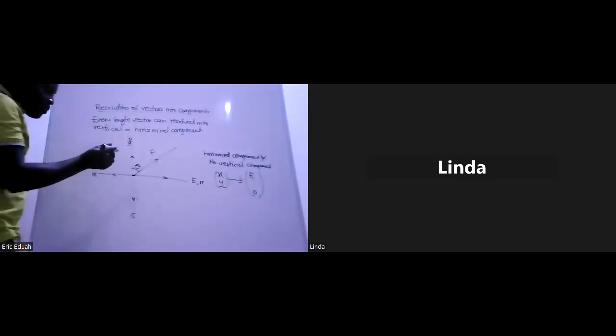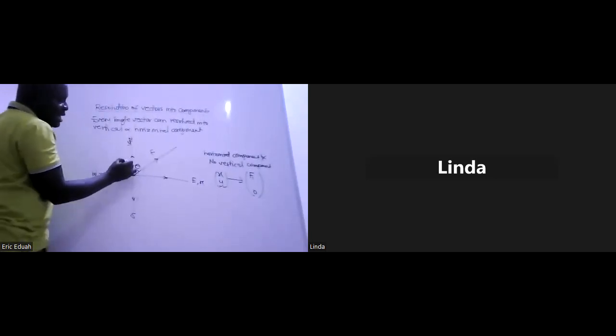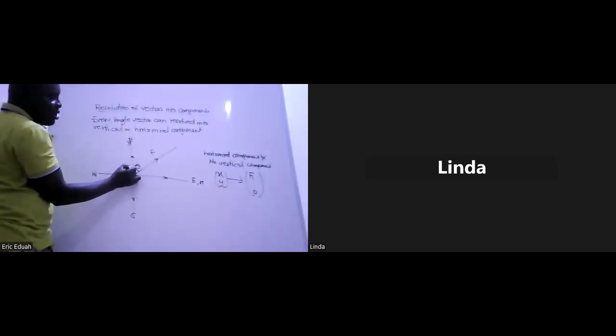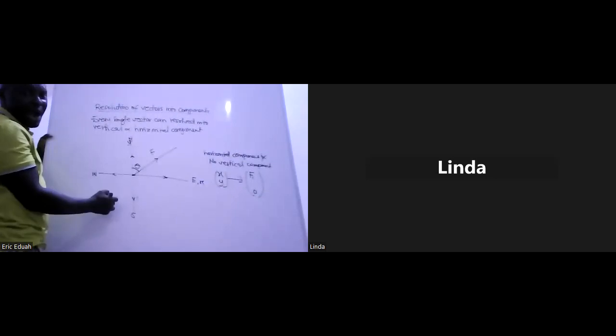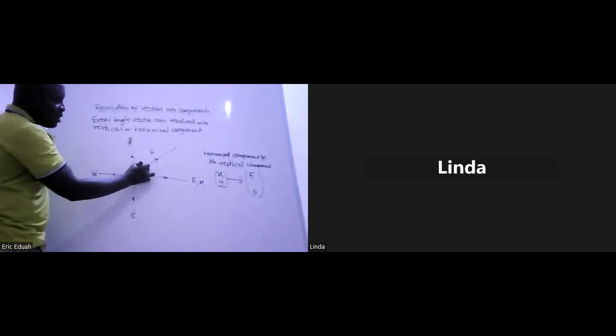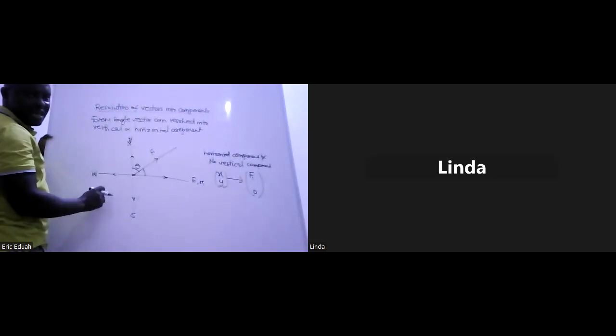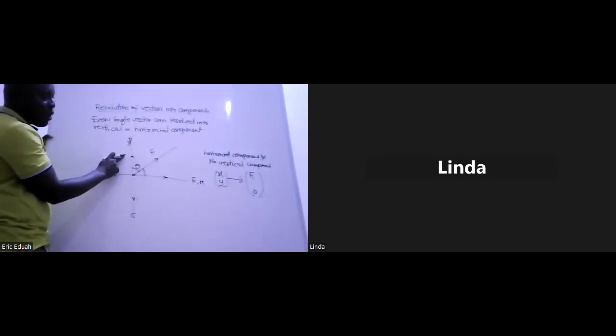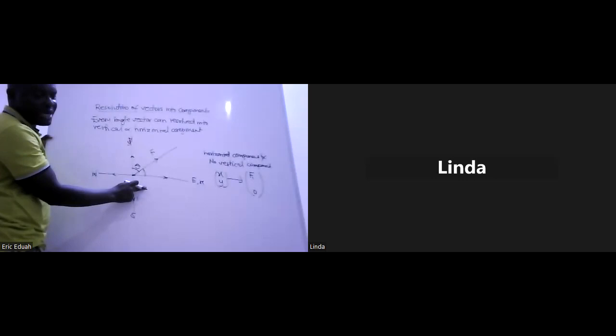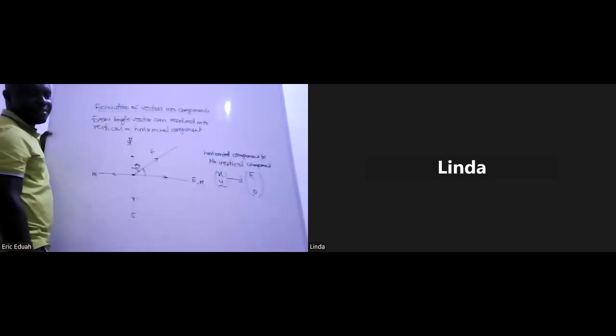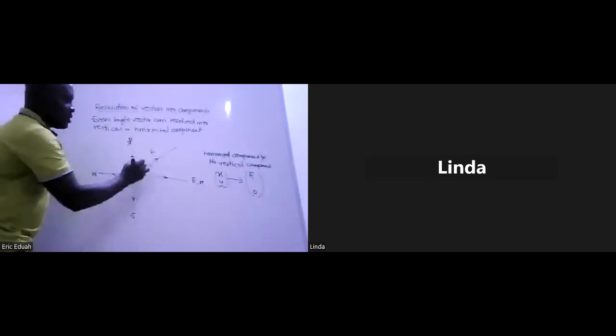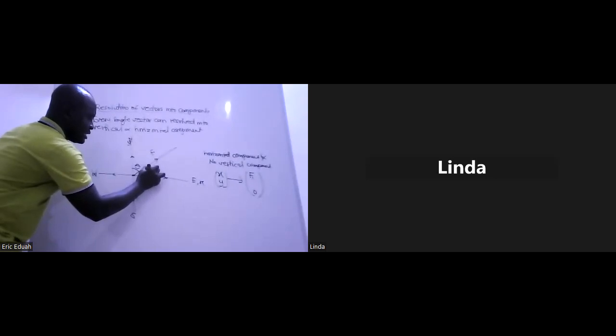You see, it makes an angle theta to the y. What angle will it make with the x? If it makes theta with the y, what angle will it make with the x? 90 minus theta.